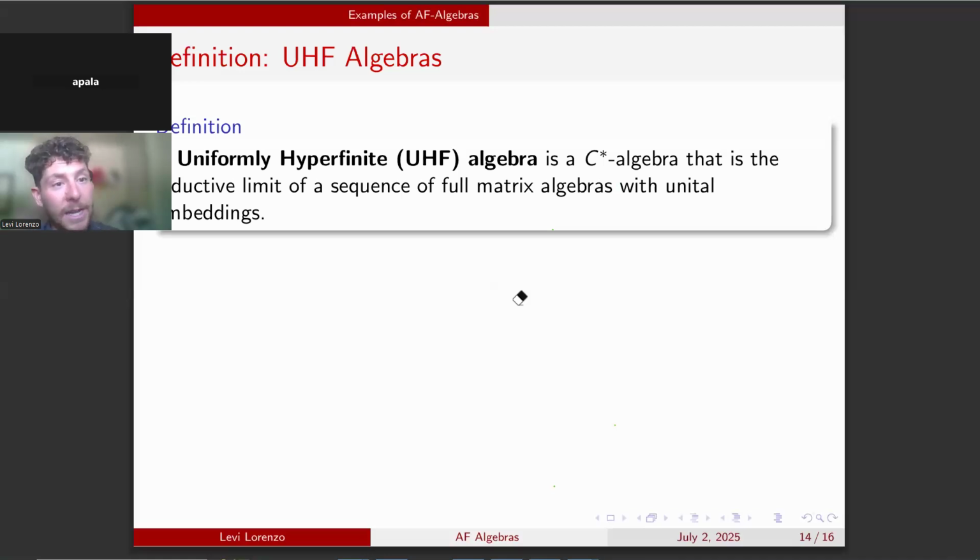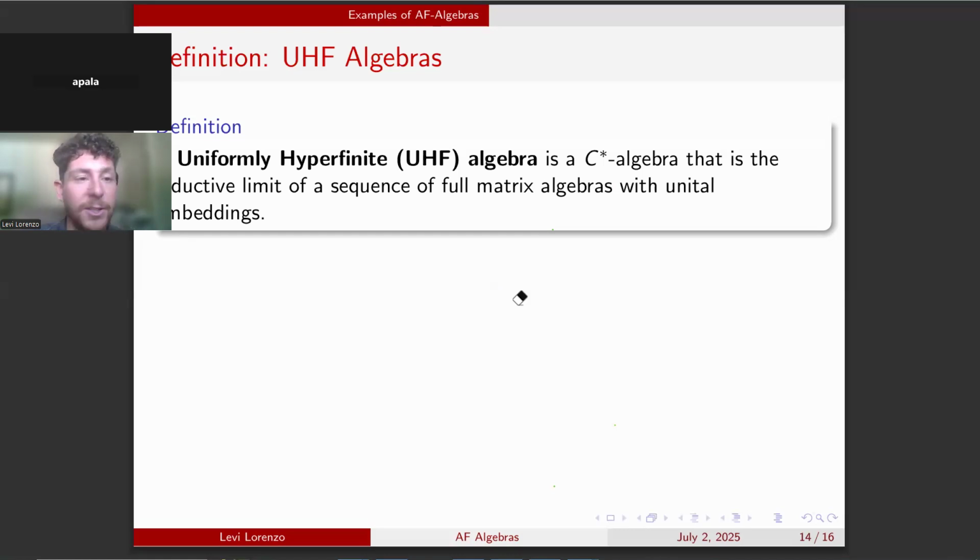Basically, what this means, as we saw before with the CAR algebra, is that at each level we don't have a direct sum of a bunch of different matrix algebras. We have just one matrix algebra at each level. So you have M2 of C, M4 of C, M8 of C, and these are a very nice class of AF algebras.